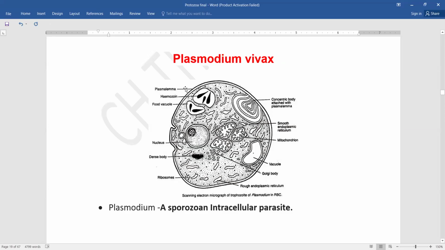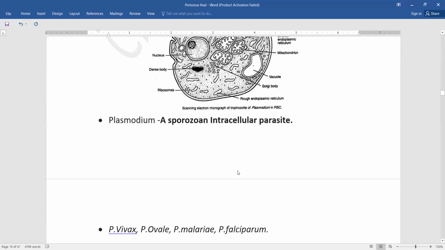It contains plasma lemma in trophozoite stage, whereas in sporozoite stage, it contains pellicle. So this is the nucleus. These are the mitochondria and all cell organelles, cytoplasm, and all those are present. This will become the apical cup in future. Anyway, let's see about this.